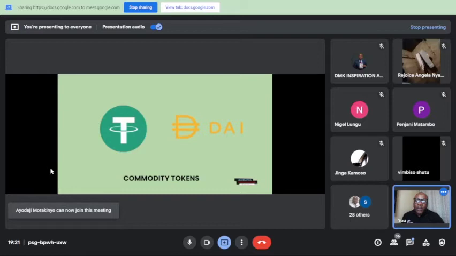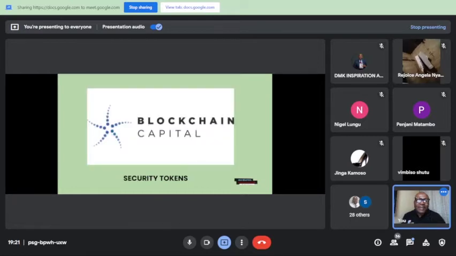The third category of tokens is security tokens. Security tokens represent ownership of shares in a company that does business using a blockchain. A security token is essentially a digital form of traditional securities.